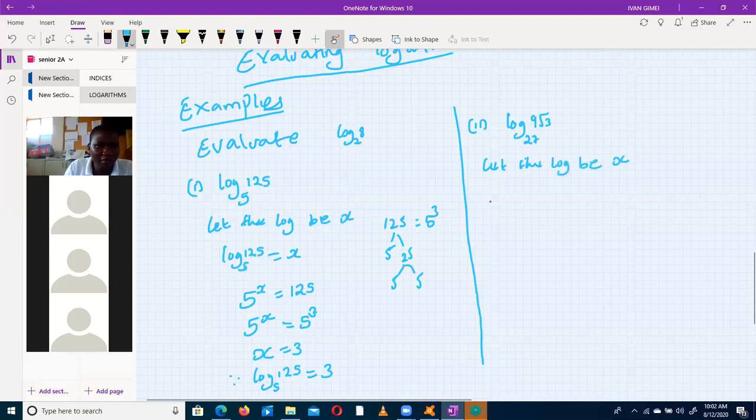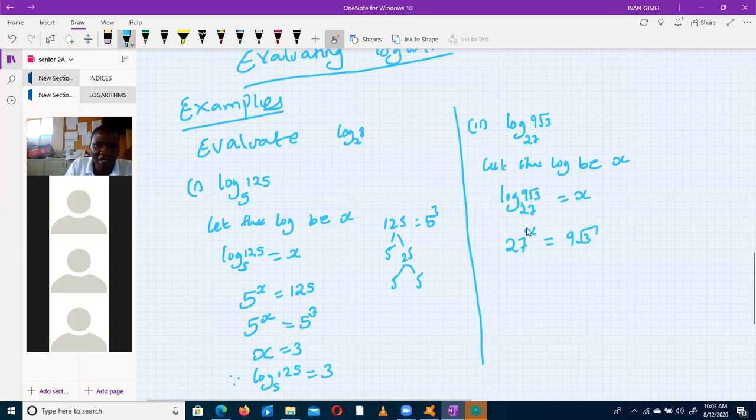Or y, you can say let it be p, let it be w, let it be n. Here we're saying let it be x. Now here I'll have log of 9 root 3 base 27 is equal to x. We are simply saying 27 to the power of x is the same as 9 root 3.